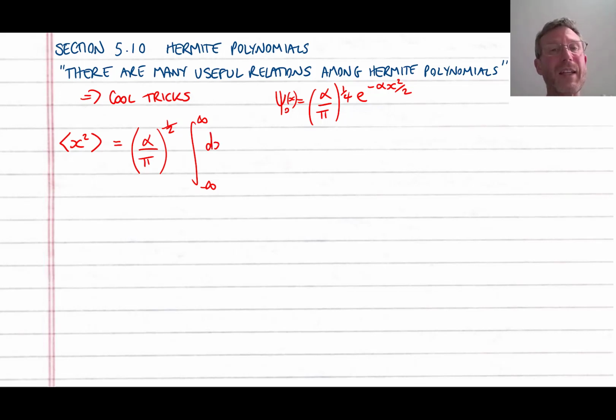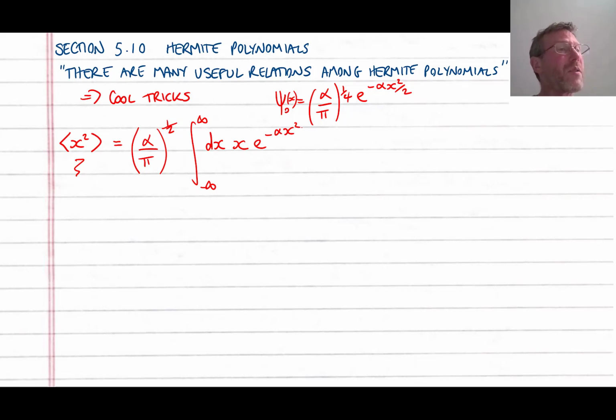We put the dx in here, and the x squared has to come in here. And then e to the minus alpha x squared over 2, squared, becomes e to the minus alpha x squared.